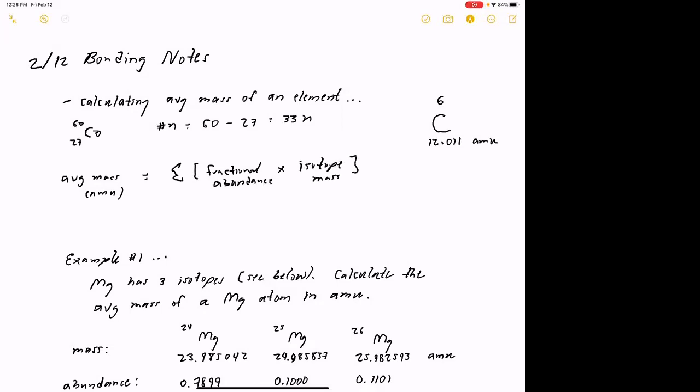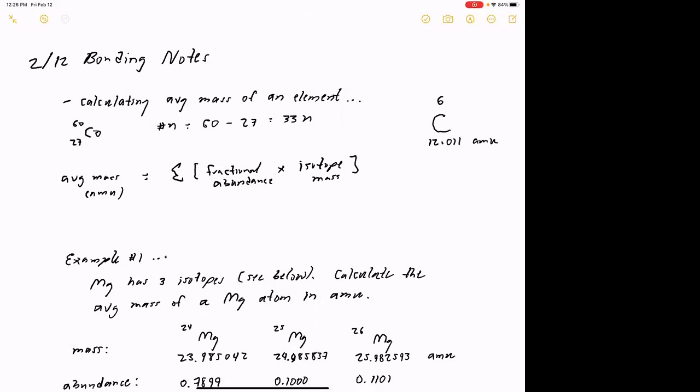I would do that calculation first inside the brackets for each individual isotope. So for carbon, I'd have to do it 3 times: for carbon-13, carbon-12, and carbon-14. Then I would sum those 3 up, and that would give me the average mass. So that's how I calculate a weighted average.